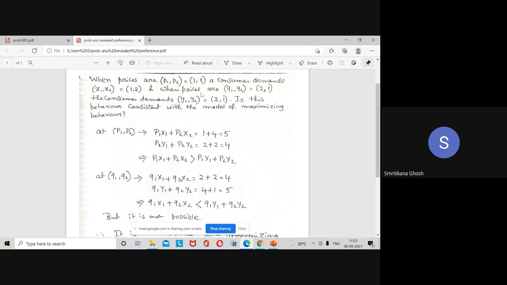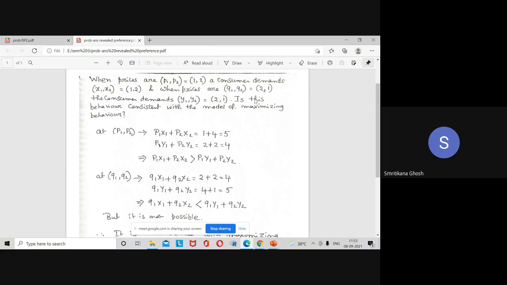Say the prices are P1, P2, consumer demands X1, X2. And when prices are Q1, Q2, the consumer demands Y1, Y2. So P1, P2, X1, X2, Q1, Q2, Y1, Y2. This much we need to find out whether the axiom is true or not.